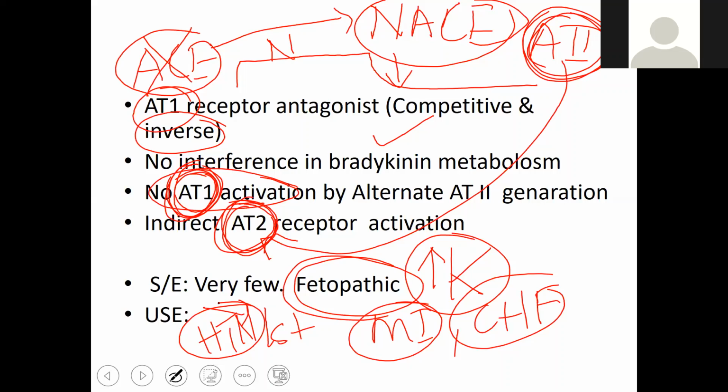The ACE inhibitor is one short note, and the angiotensin receptor blocker is another short note. These are only two short notes, but many questions you will find from this chapter, like your viva questions and your all India entrance questions, MCQs.